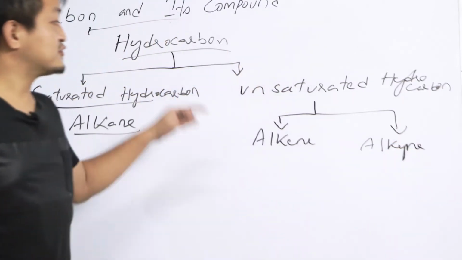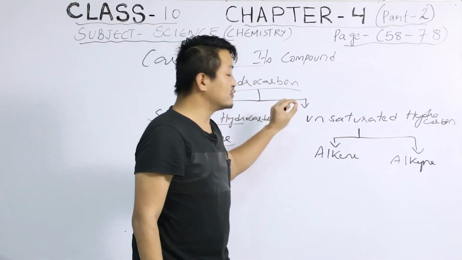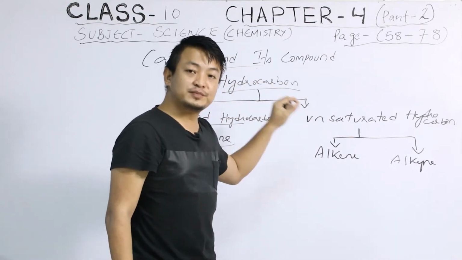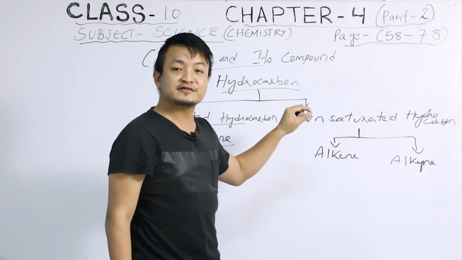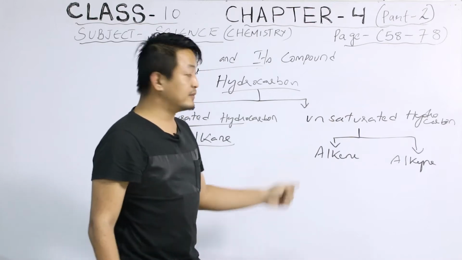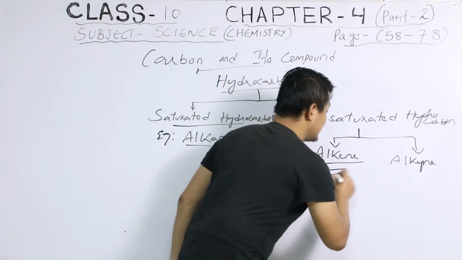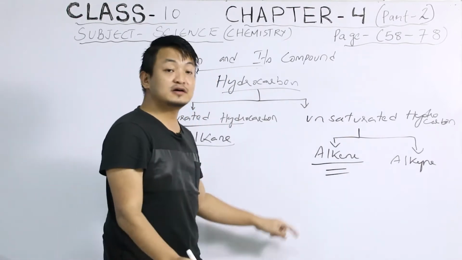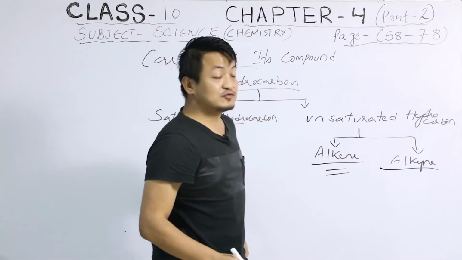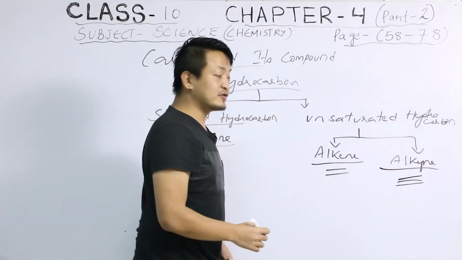Unsaturated hydrocarbons are those hydrocarbons where there is a double bond or a triple bond between the carbon atoms. Alkene is where we see a double bond between the carbon atoms, and alkyne is where we see a triple bond between the carbon atoms.